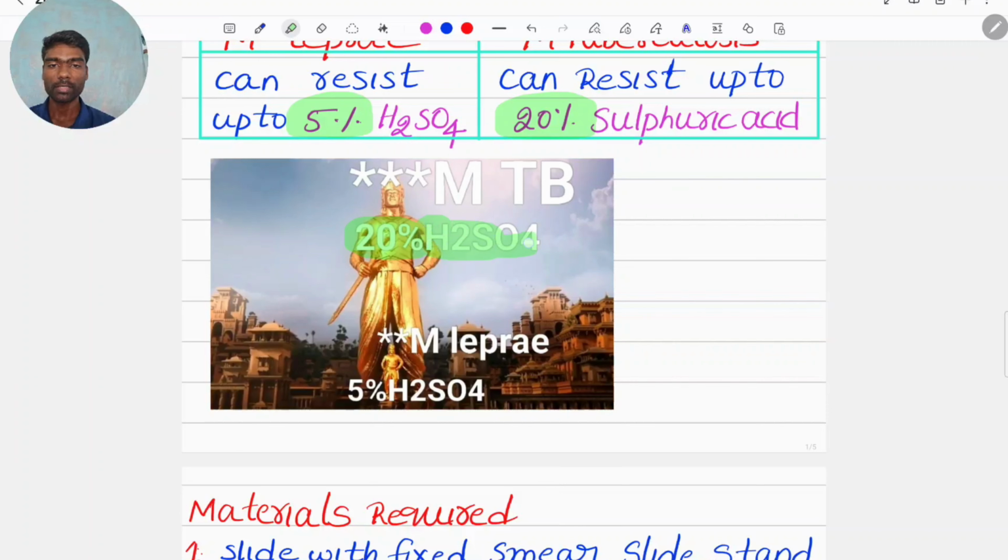If we use more than 5% sulfuric acid for M. leprae, it will get decolorized and everything will appear blue because of the counter stain methylene blue.